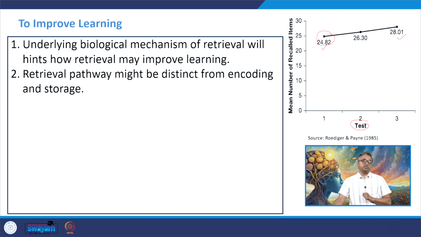The reason for this assumption is that encoding and storage depend upon the sensory system, whereas the retrieval process doesn't rely on our sensory system. Of course, earlier we also studied that internal information processing helps us in the retrieval process, and similarly, external cues also help us.